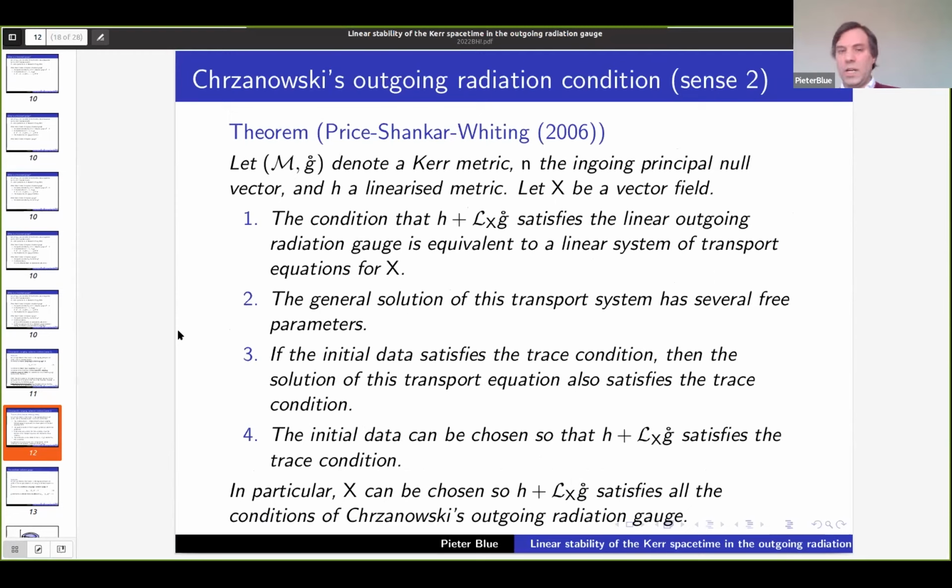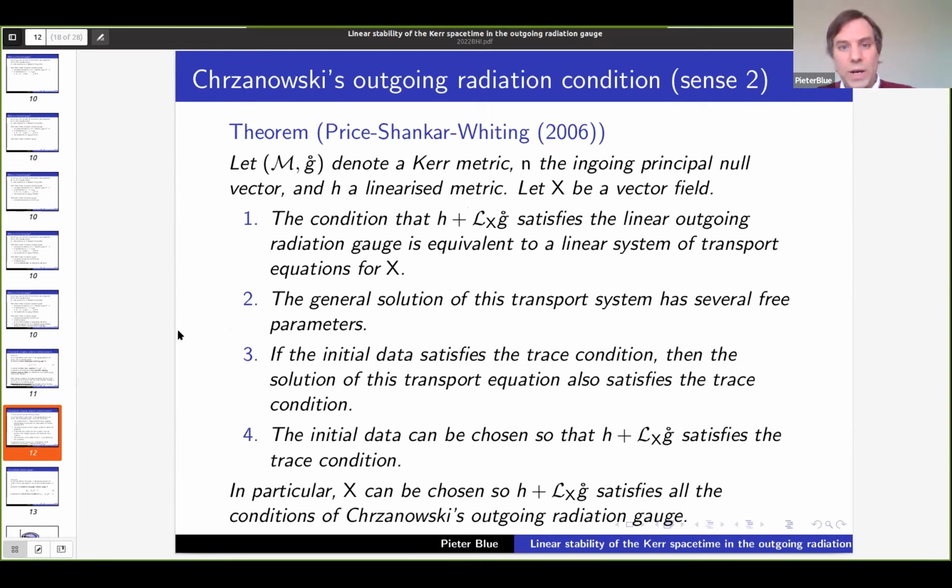So Price, Shankar, and Whiting in 2006 found a good resolution to this. In the 3 ways I had of looking at the linearized gauge conditions, what Chrzanowski was doing was the first of those, just imposing a condition.